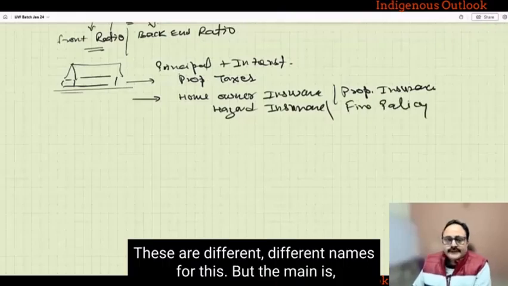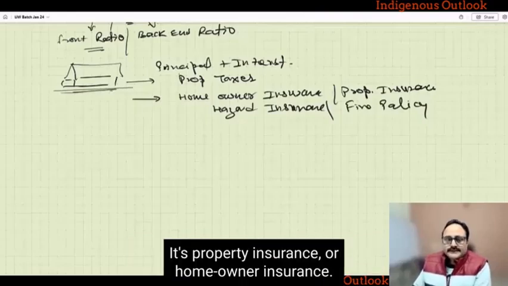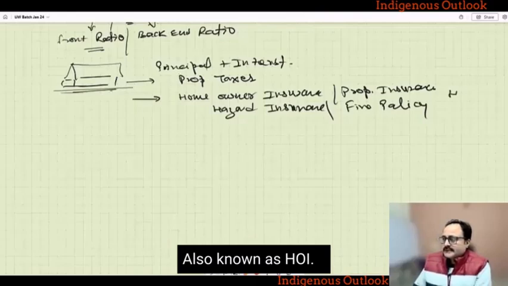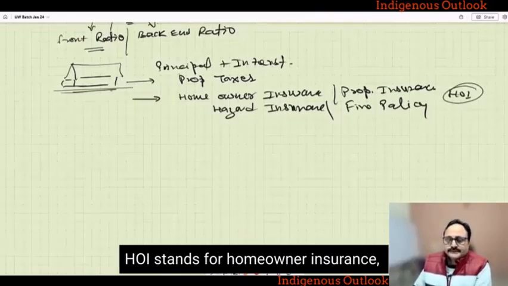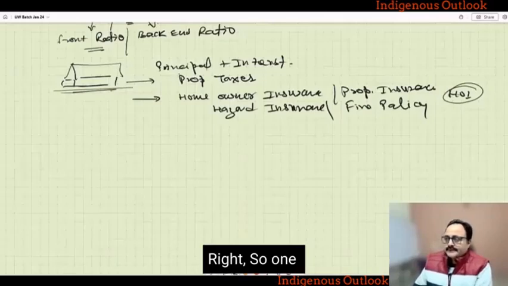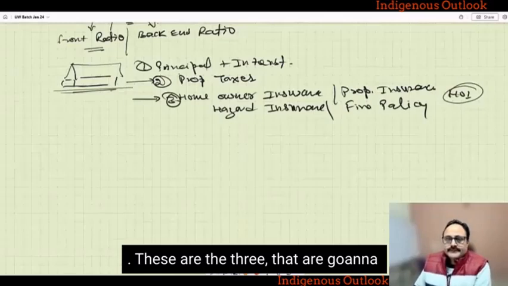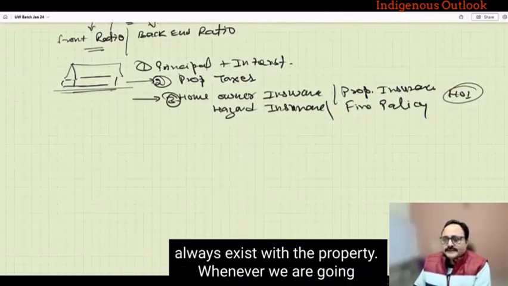These are different names for the same thing, a property insurance or homeowner insurance, also known as HOI. HOI stands for homeowner insurance, right? So 1, 2, 3. These are the three that always exist with the property.